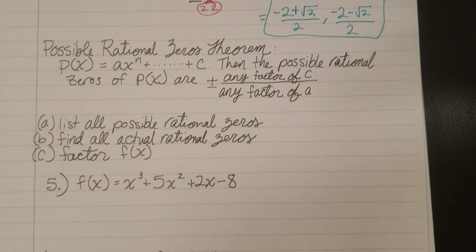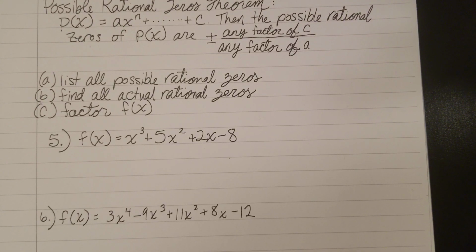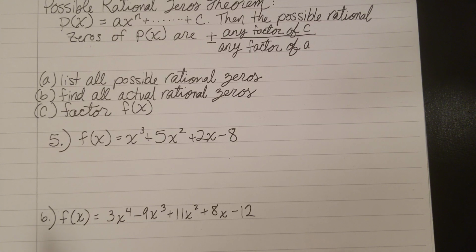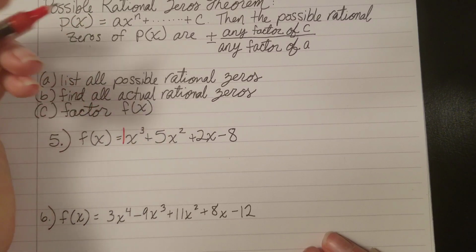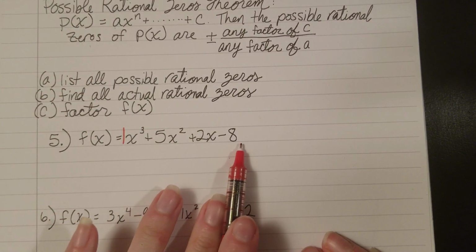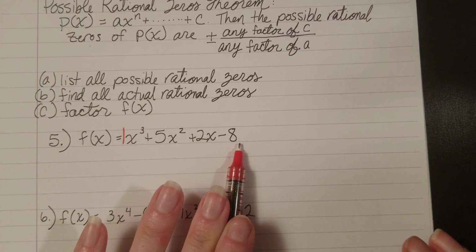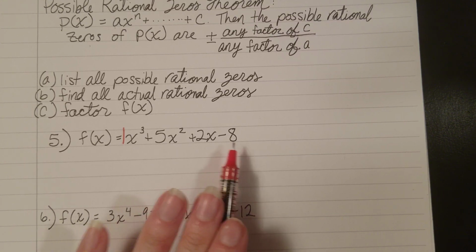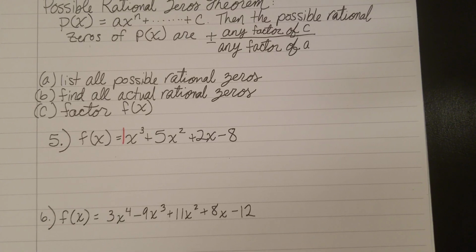All right, so let's come up with the list of possible rational zeros for number 5. So we've got a leading coefficient of an invisible 1 here. We've got a constant term of -8. The answer here is going to be plus or minus anyway, regardless of whether this is positive or negative. It doesn't matter.